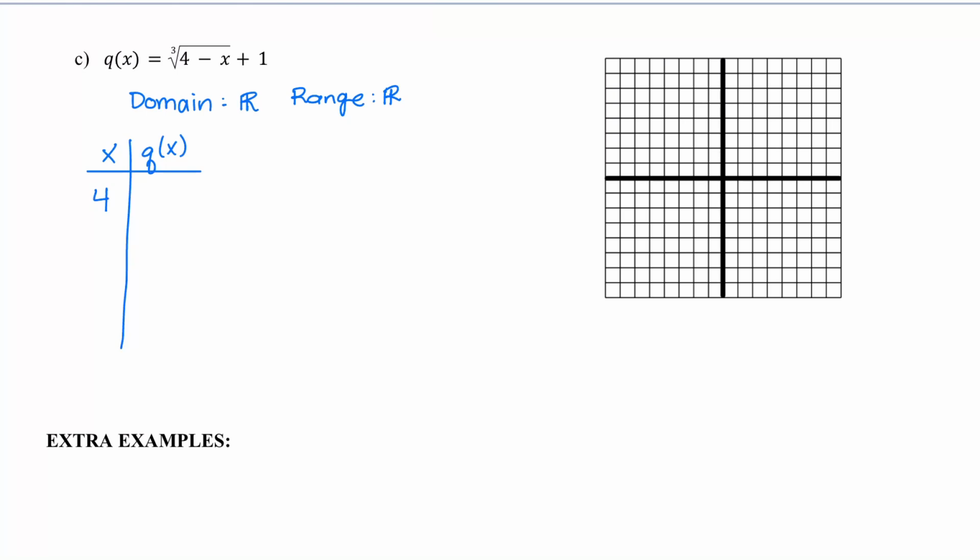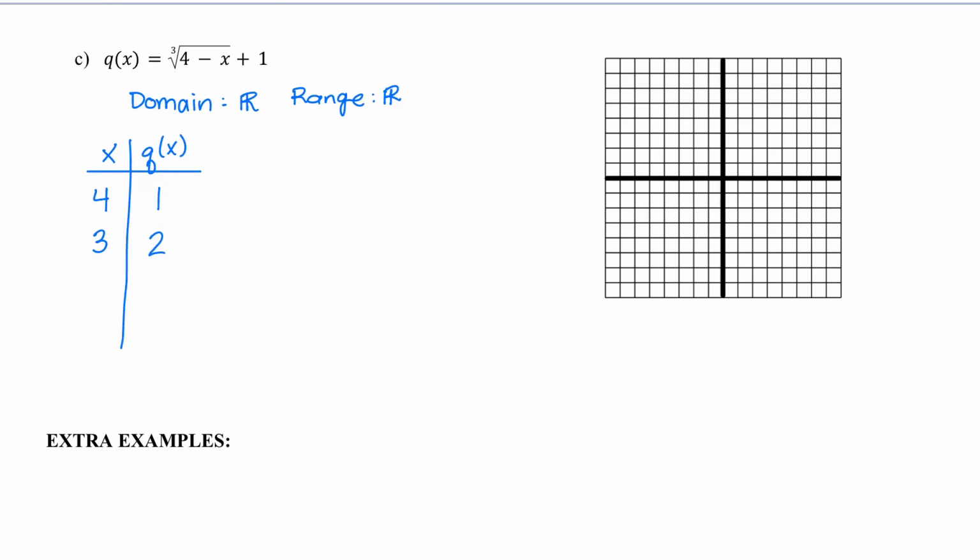The cube root of 0 is 0 plus 1 is 1. I could also plug in 3. So I get the cube root of 4 minus 3 is 1. The cube root of 1 is 1 plus 1 is 2.